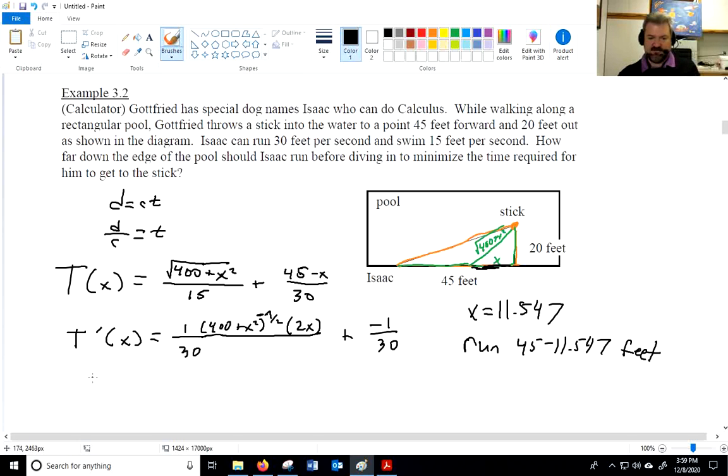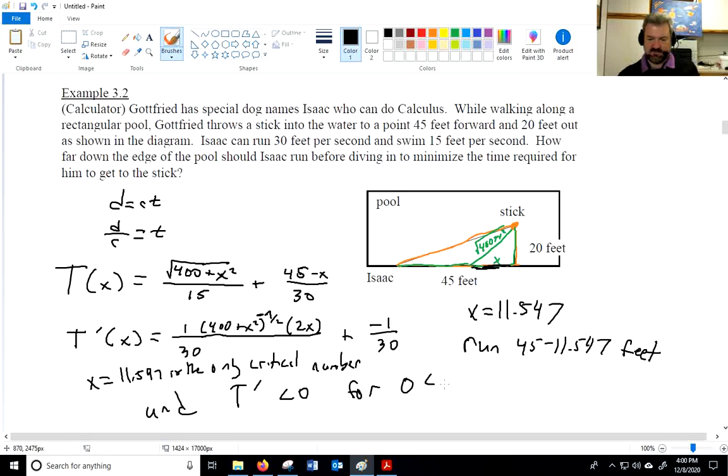We'll say that x equals 11.547 is the only critical number, and t prime is less than 0 for x from 0 to 11.547, and t prime is greater than 0 for 11.547 less than x.